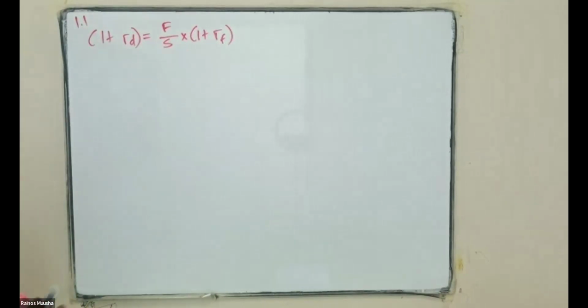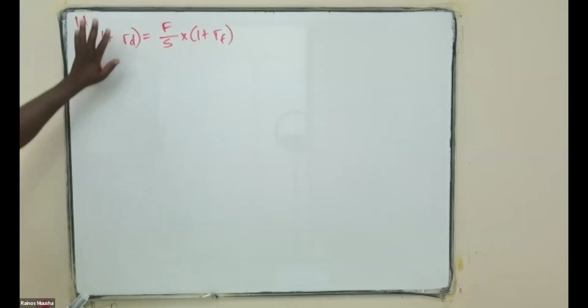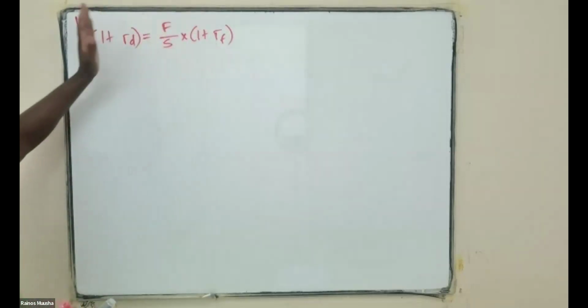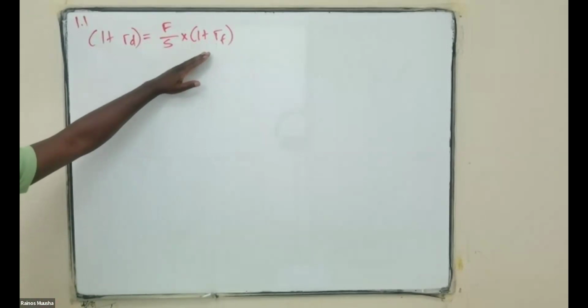So if interest rate parity is holding, this side should be equal to that side.